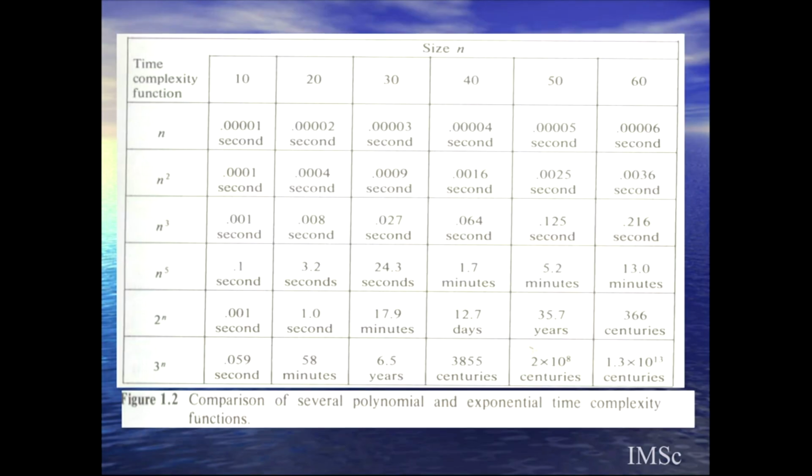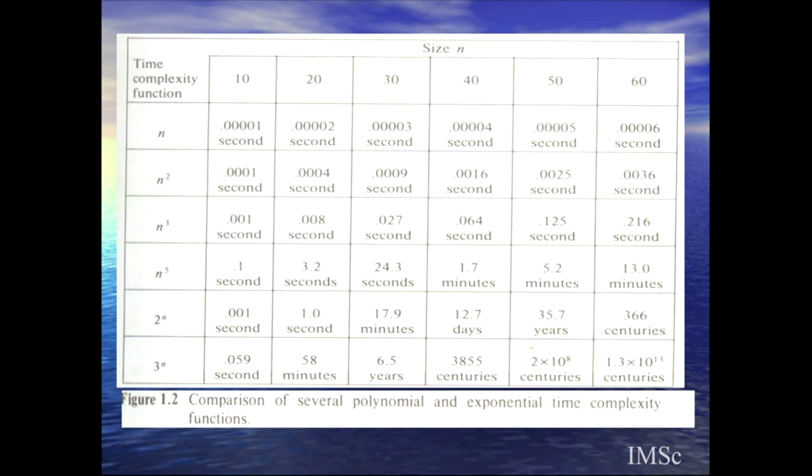Okay. This calculation is exactly what we did in more or less the first lecture. You take 2 power n, plug in your 50, that's the number of steps, divide by how many steps a computer can make in 1 second, and you will get the number of seconds, then convert it.